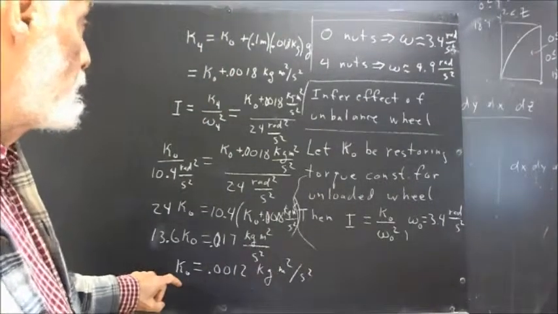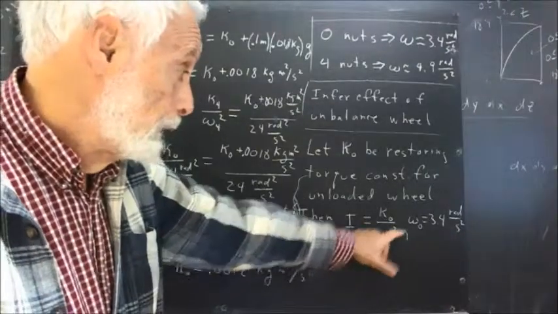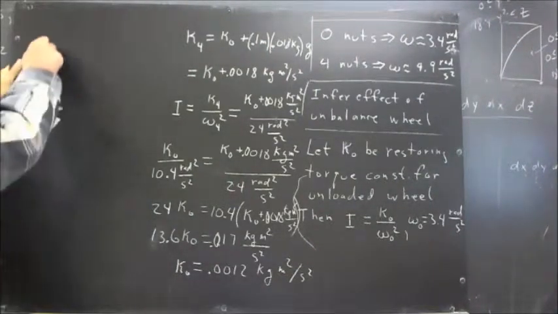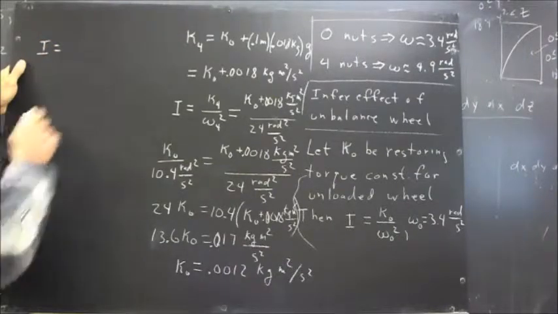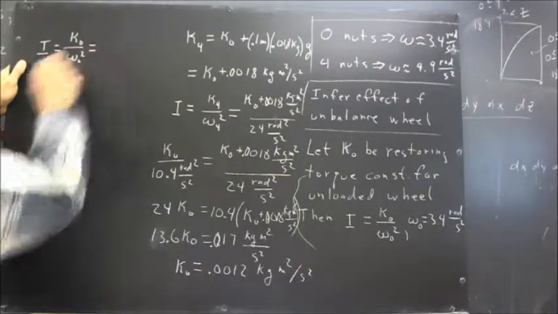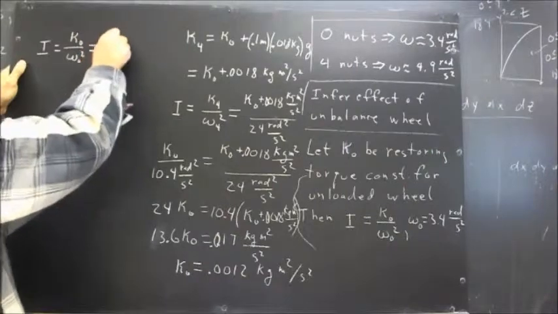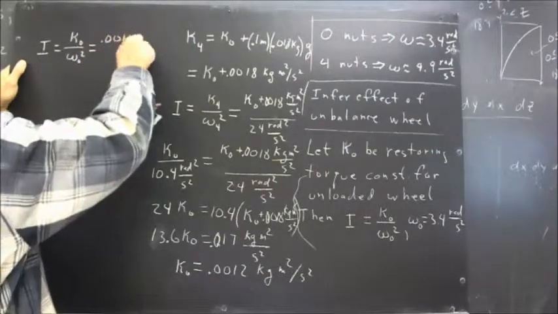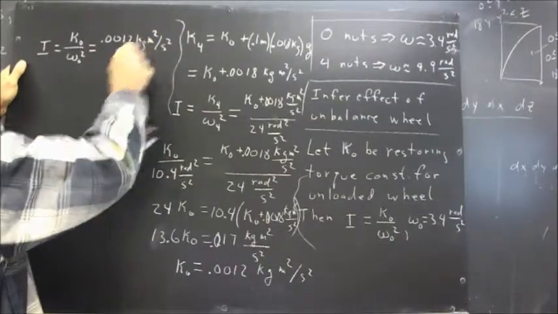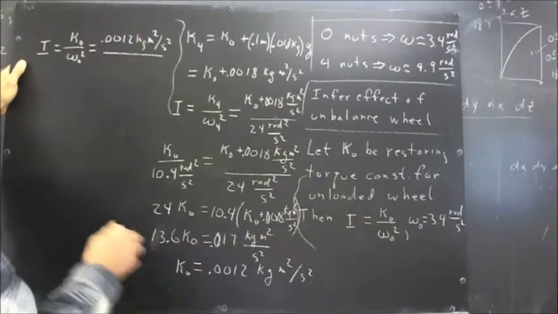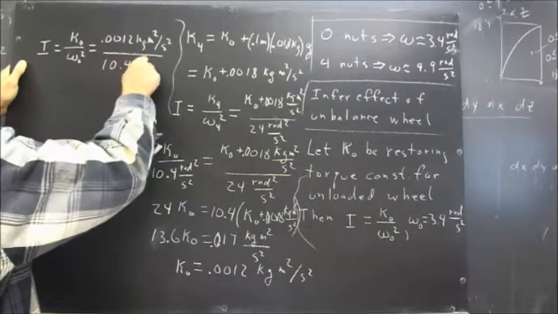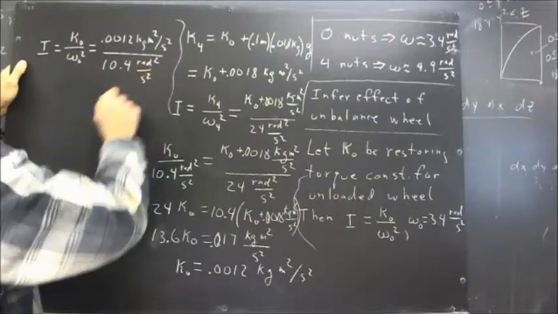Having obtained kappa naught, I can plug that into this equation where omega naught is 3.4 radians per second, so that we find that I, the moment of inertia, is kappa naught over omega naught squared equals what? 0.0012 kilogram meter squared per second squared, finally writing that to where it's at least halfway legible, divided by omega naught squared, which I think is about 10.6 or 10.4 radians squared per second squared.